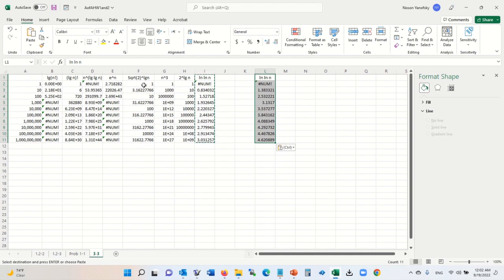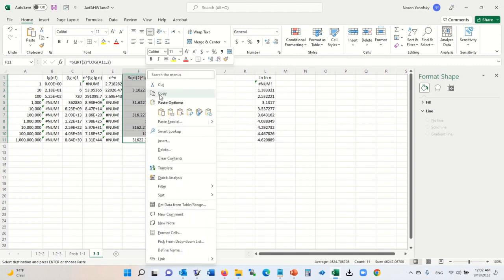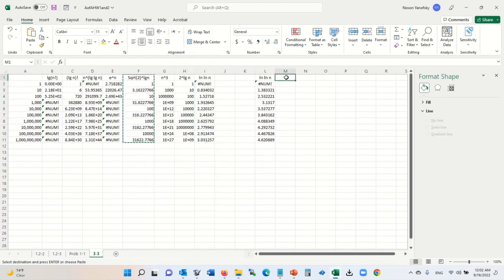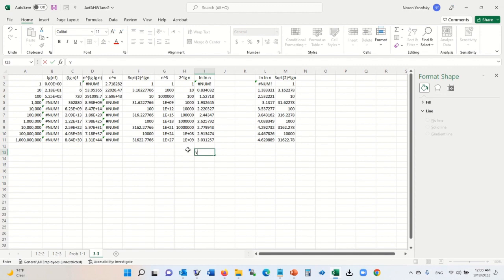These seem pretty slow also. Copy. Paste. These are just numbers. We didn't get into scientific notation. Good. So we did this one, so we make a check over here. We did this one. Make a check over here.